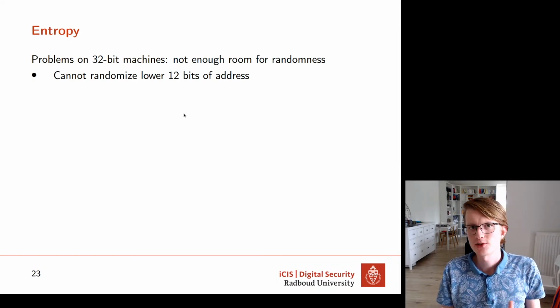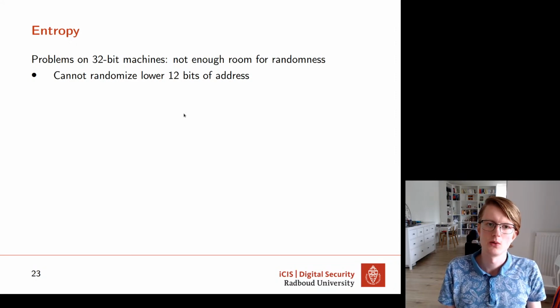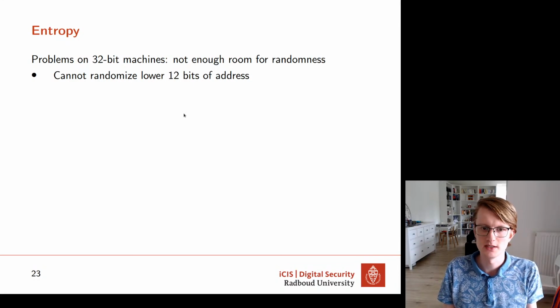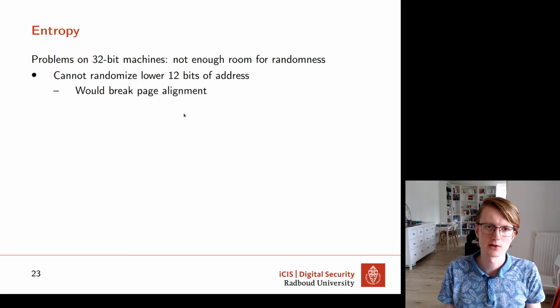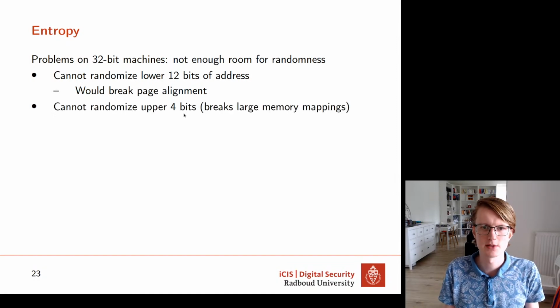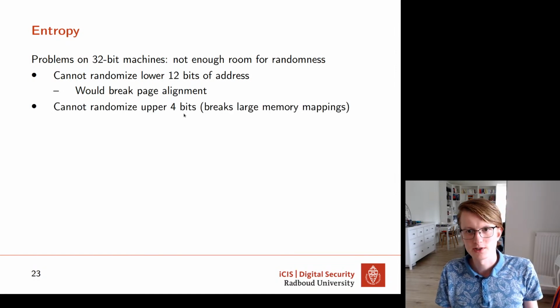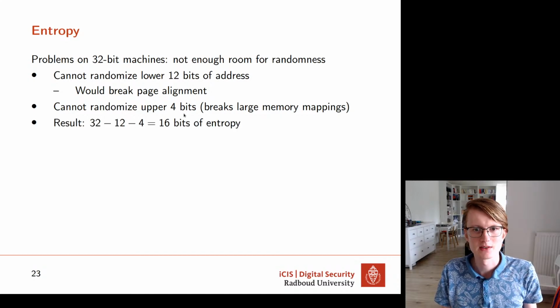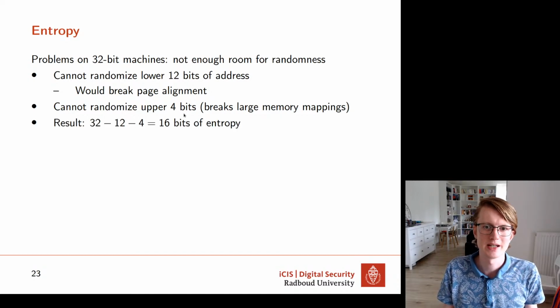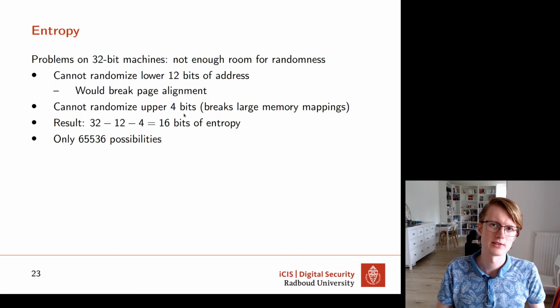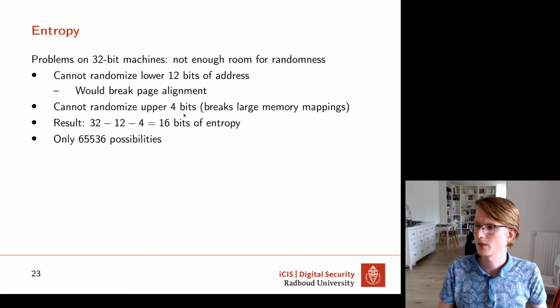There simply was not enough room for randomness, so we couldn't randomize the lower 12 bits because that needed to be fixed for technical reasons, and it would break page alignment. The upper 4 bits were necessary for large memory mappings, and then you remain with only 16 bits of entropy, and I think there was even a bit more restriction on that. So that means that there's only 65,000 possibilities.